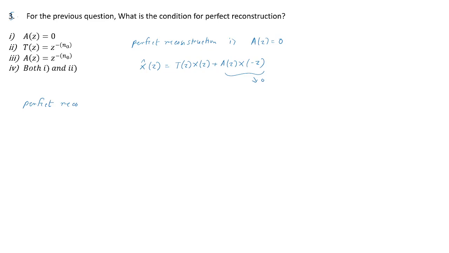Perfect reconstruction is only possible if X hat of z is only a shifted and scaled version of X(z).